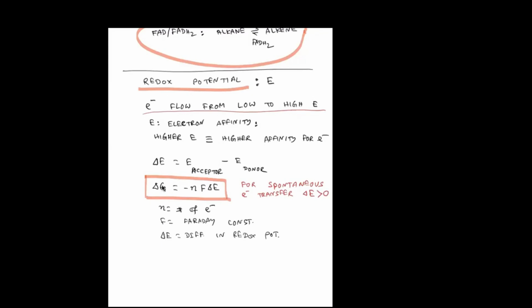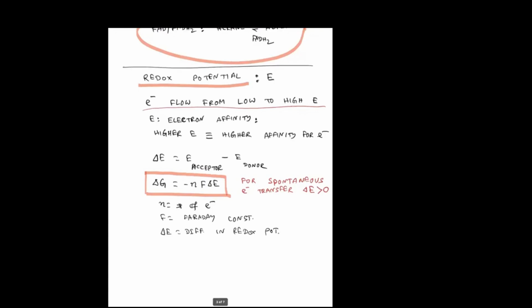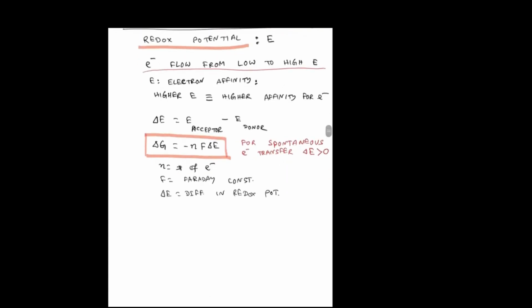And it is governed by this delta G equation, right? Delta G is negative N F delta E. So in order for delta G to be negative, delta E must be a positive number. Got it?